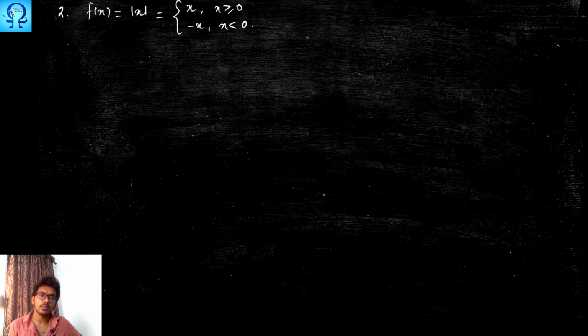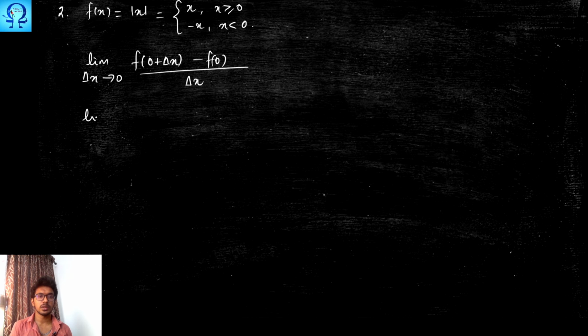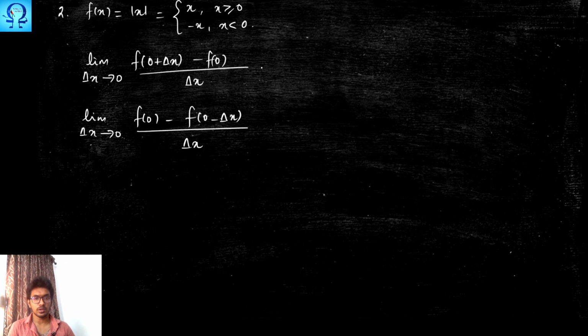The point which creates the problem here is the point 0, right? So I will have to talk about limit delta x approaches 0, f of 0 plus delta x minus f of 0 upon delta x, and limit delta x approaches 0, f of 0 minus f of 0 minus delta x. These two are the limits to which I will have to talk.